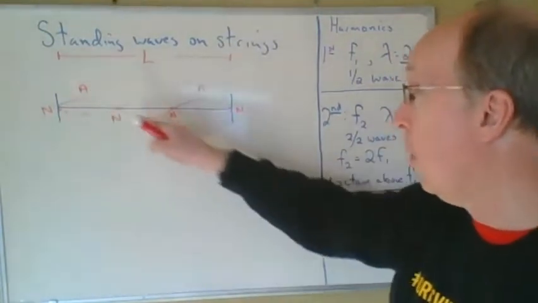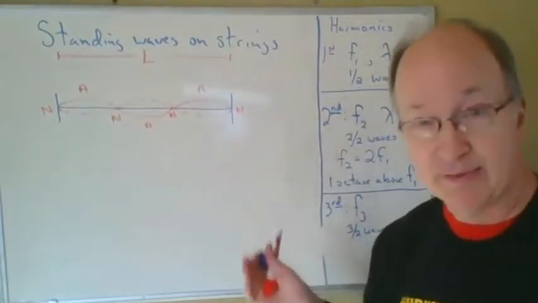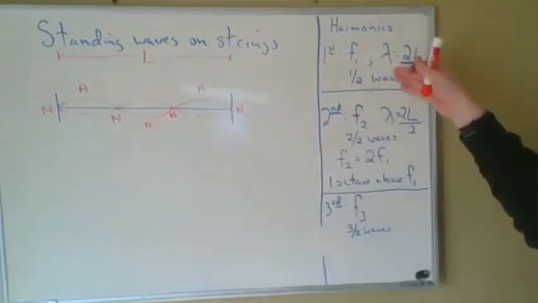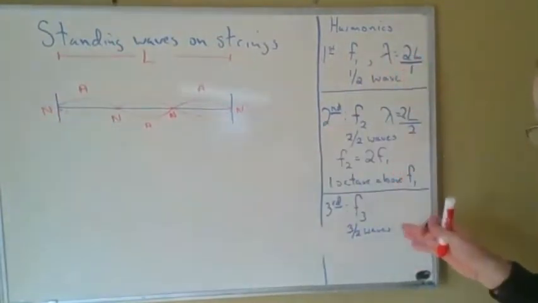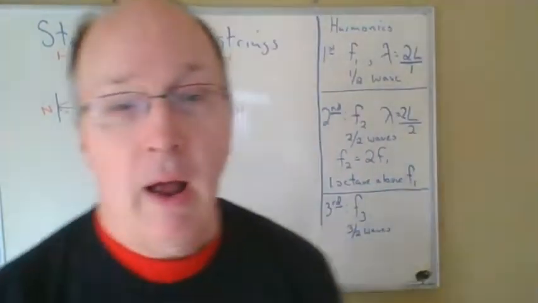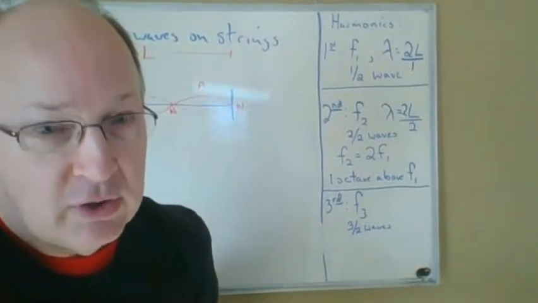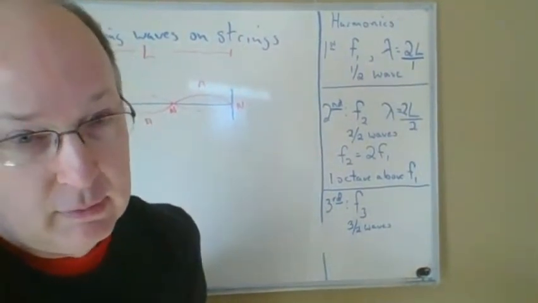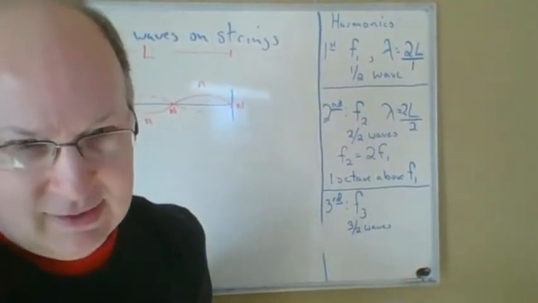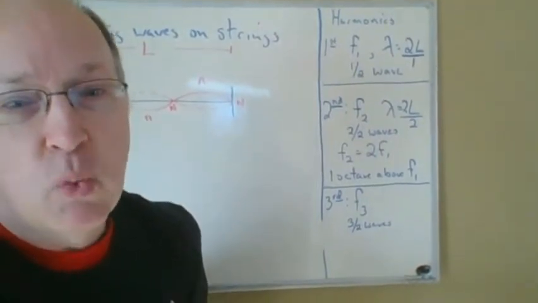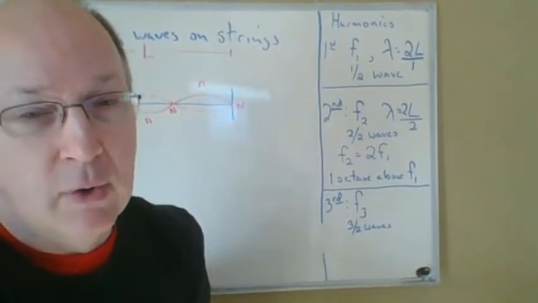We know it's 1.5 or 3/2 because we want to follow the patterns, folks. 1/2, 2/2, 3/2. How many waves is the 23rd harmonic gonna have? Don't try and draw it. Think of the pattern. How many waves is the 23rd harmonic going to have?